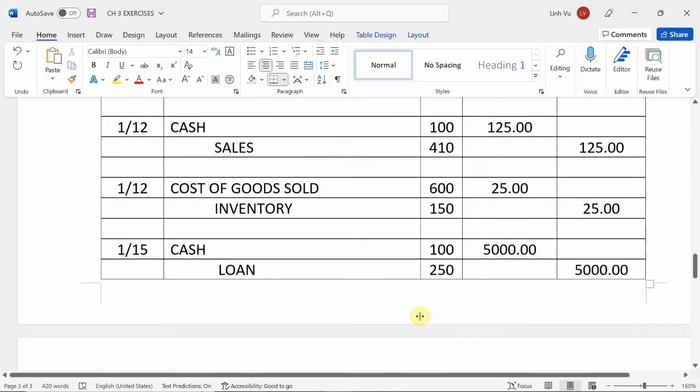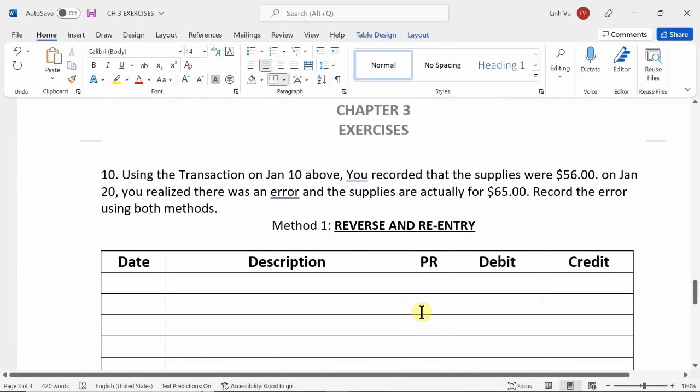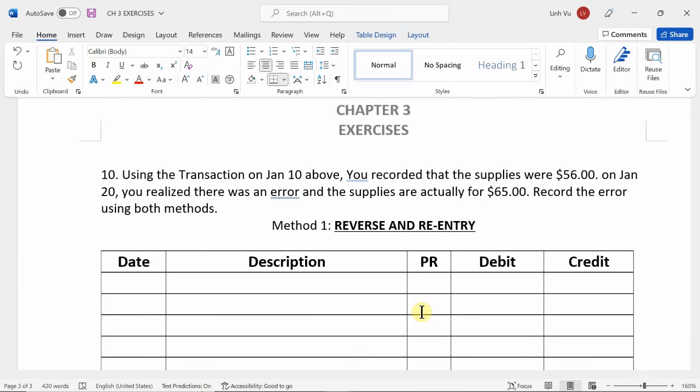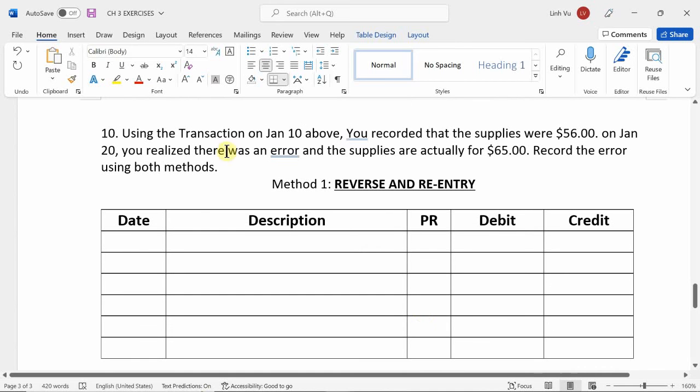So the original transaction was you purchased your supplies on account for $56. And now you found out on January 20th that that wasn't true, you actually spent $65. So, how do I do the reverse and re-entry?